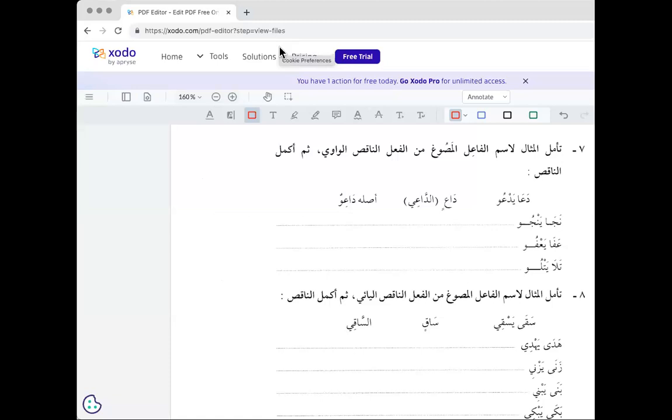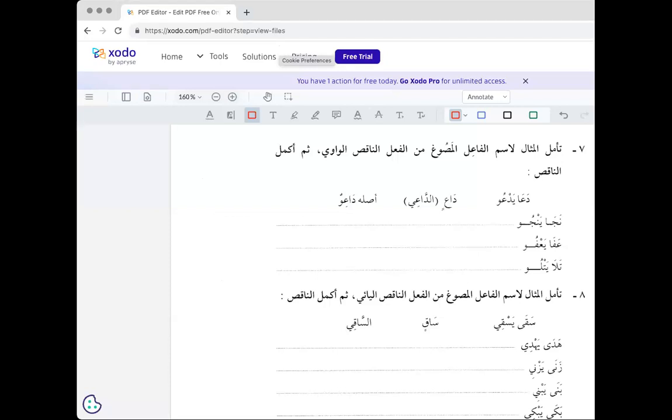And the origin is da'iwun. Okay. Naja yanju, which means to escape or to be saved. To save, to be saved. Or to reach safety.